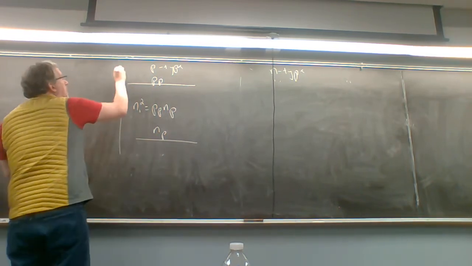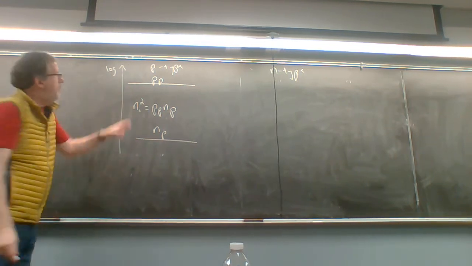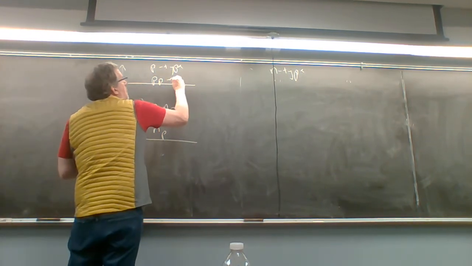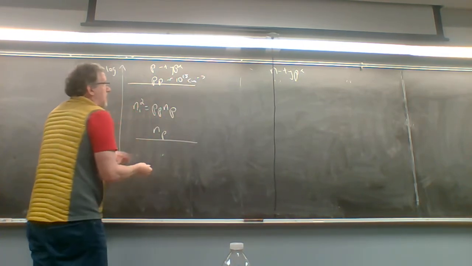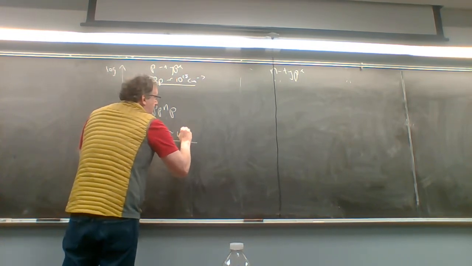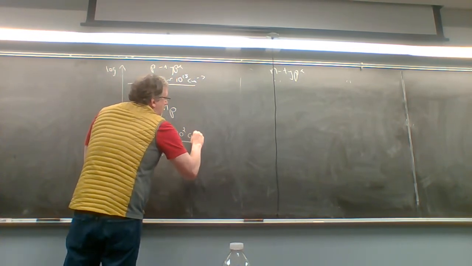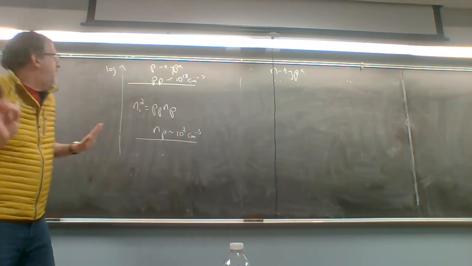So this is on a log scale. And so this might be 10 to the 18 per centimeter cubed. Who knows? Maybe this is 10 to the 2 per centimeter cubed, perhaps. They're sort of fictitious.